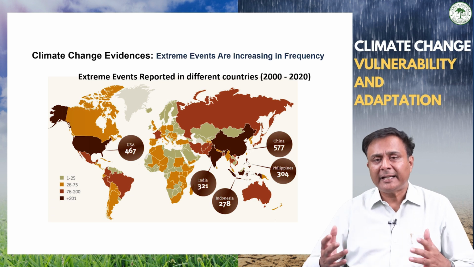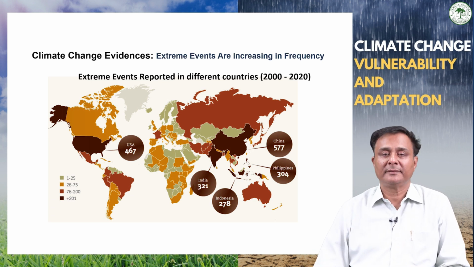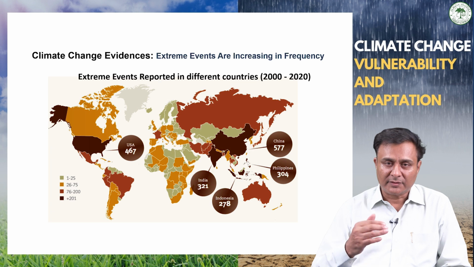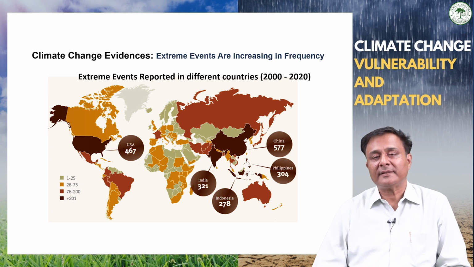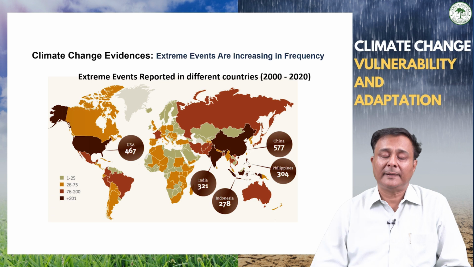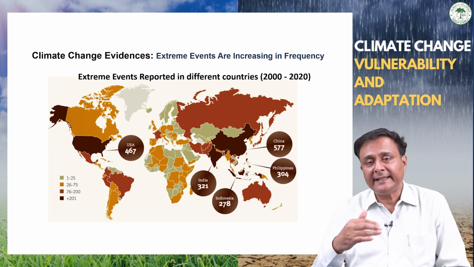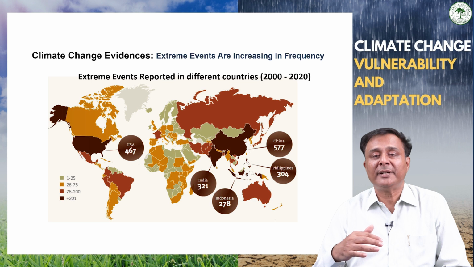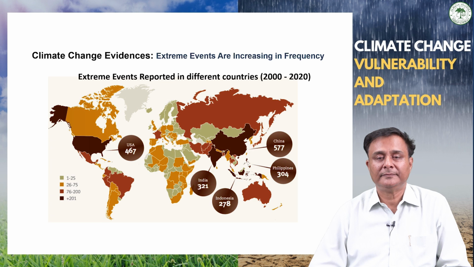So this is the erratic behavior of weather elements. These extreme events result in human losses and infrastructure losses. This erratic behavior of weather elements is becoming more and more expensive for human beings.